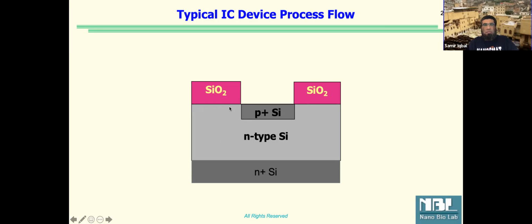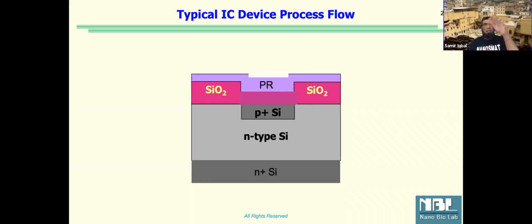We opened a window in silicon dioxide and we made a P-type doping in an N-type wafer. And now we can cover everything again with photoresist, and we can do another layer of mask alignment. You bring another mask and maybe you want to make electrode connections to that P-type material, like a PN junction in a diode, right?